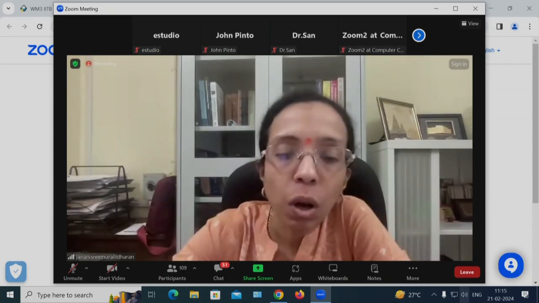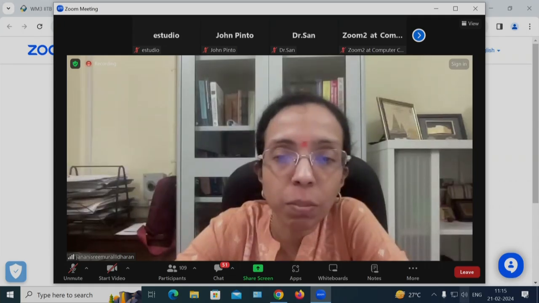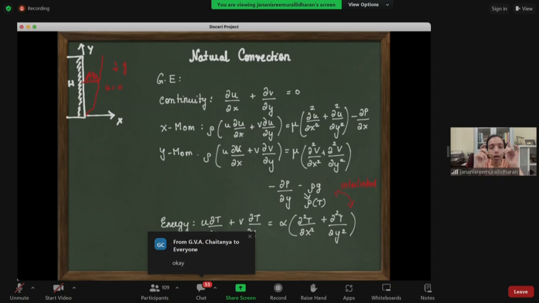So I would like to now go ahead to the natural convection part. I think everyone is aware what natural convection means: a bulk flow driven predominantly by some kind of temperature difference, which results in some minor density changes.